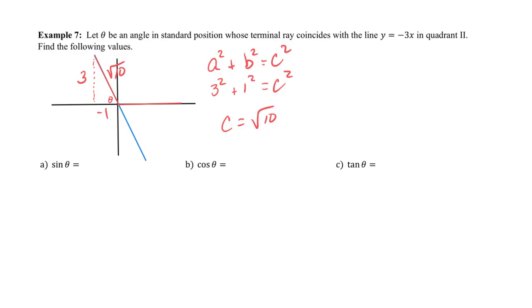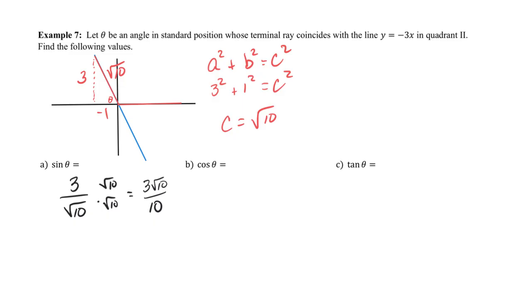Sine theta, remember, is opposite over hypotenuse, but sine goes with y. So we could say 3 over the square root of 10. And unfortunately, we're not in calculus yet, so it's probably a good idea to simplify this. So we would multiply top and bottom by square root of 10, and we get 3 square roots of 10 over 10. What about cosine?